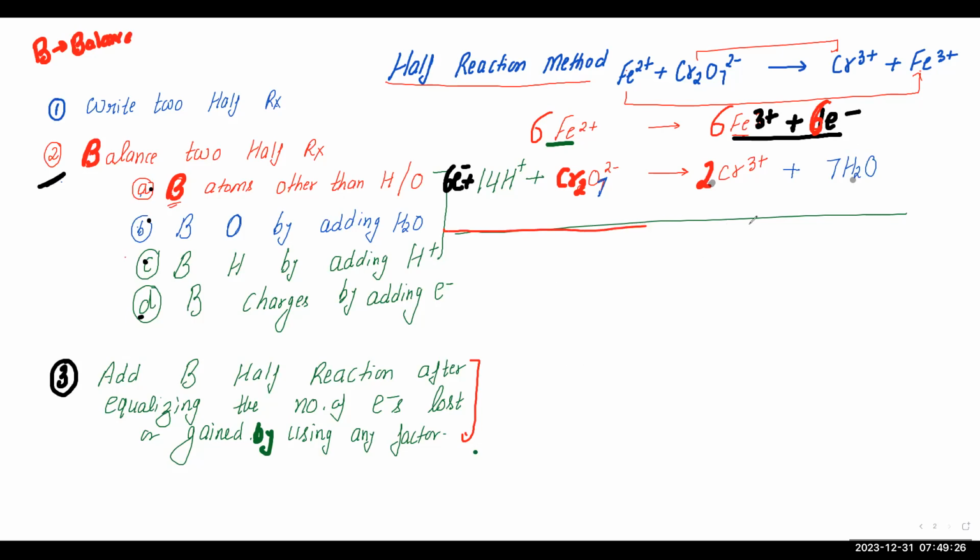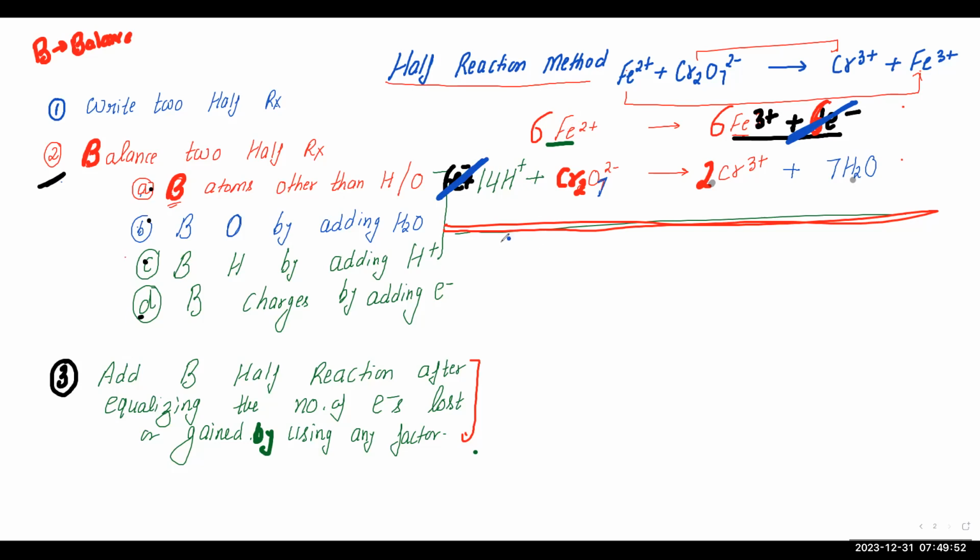Now add half reactions. This is one half reaction, this is the second half reaction. So when I'm adding them, you can see 6 electrons cancelled. They should always cancel out because electrons are not traveling in the solution. Electrons are within the ions and atoms.